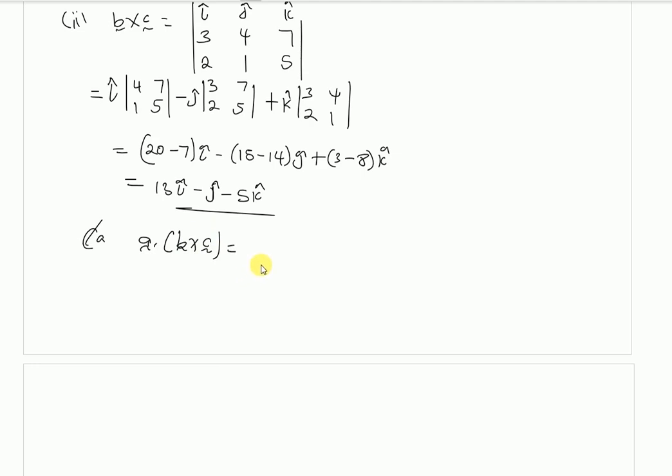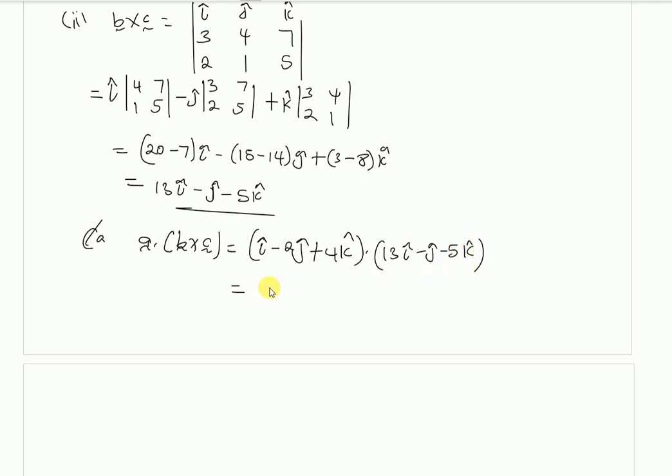Now we have B cross C, we already have it. It is here, and the vector A is i minus 2j plus 4k. You are dotting it with the B cross C, which we have as 13i minus j minus 5k.